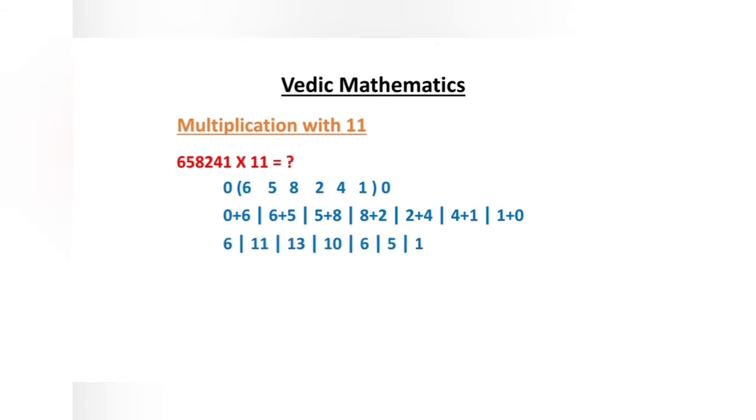The number in 1000, 10,000 and lakh places have 2 digits. So, 10th place value in them to be carried to next higher place value. So, after performing the third step, we are going to get 6,58,241 into 11 equals to 72,40,651.